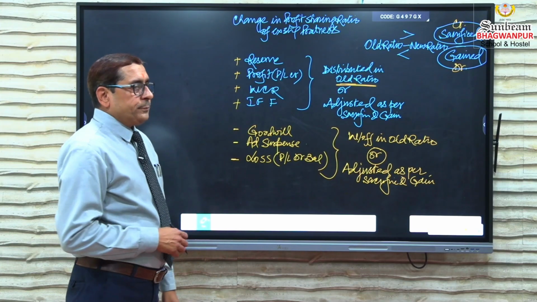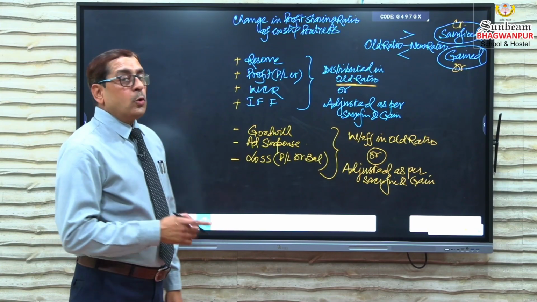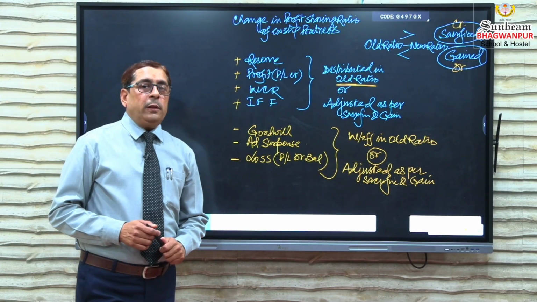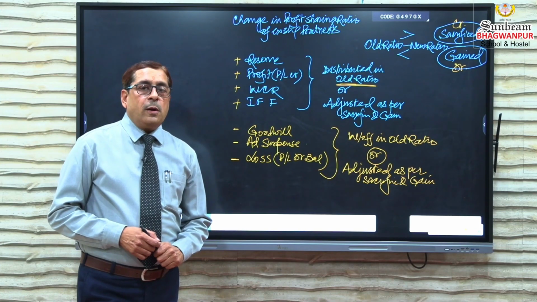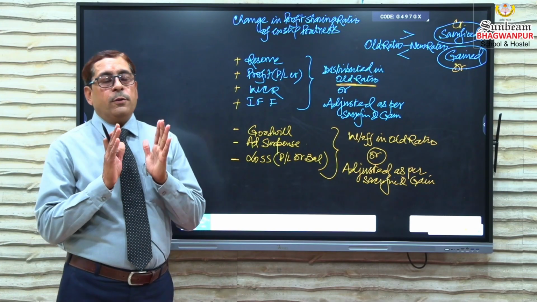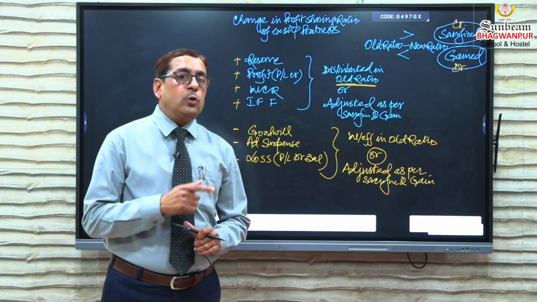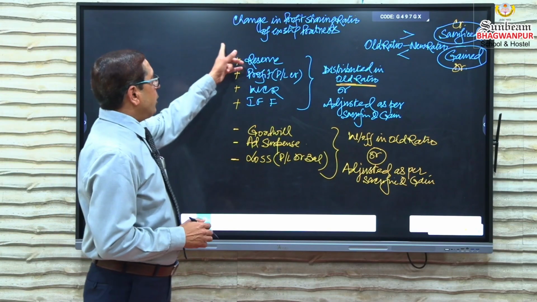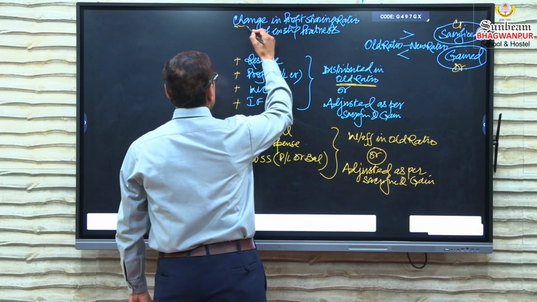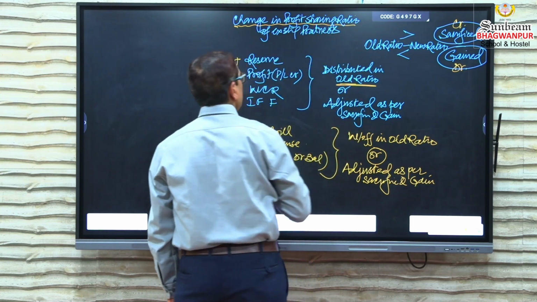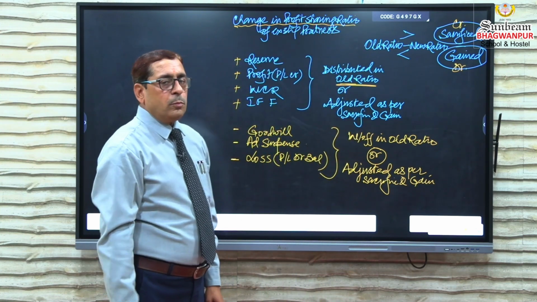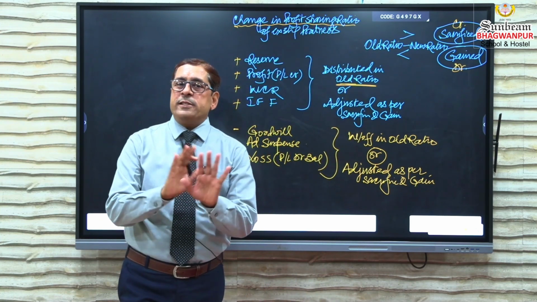One more thing, that goodwill, valued goodwill, the total value of goodwill of the firm. What will be the treatment of that goodwill in case of change in profit sharing ratio? You know that goodwill is never distributed.